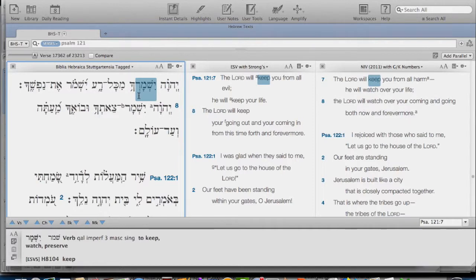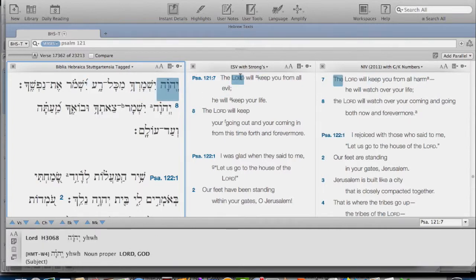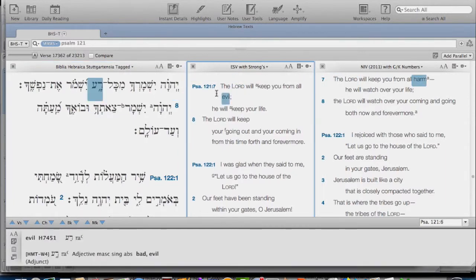And if you go to 3.2.2 in Arnold Choi, you can see the categories. And most likely, this is a future use of the imperfect. And if you just note, ESV and NIV both use will to report that. Now, if you're studying 121 as a whole, which we've done this week, if you just back up, I want you to notice something.